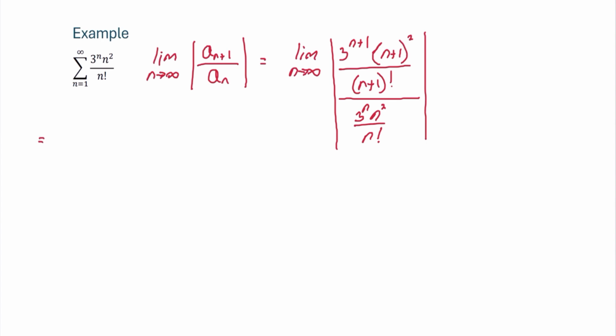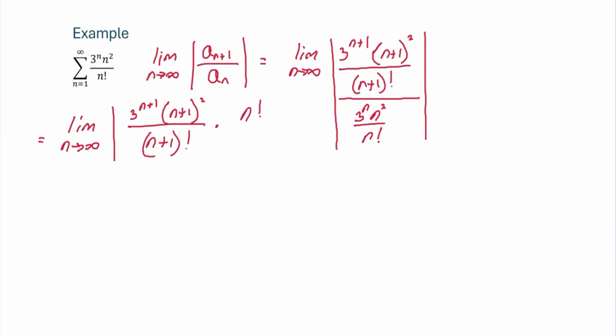From here, we can rewrite it. Limit. We'll copy the top fraction, 3 to the n plus 1 times n plus 1 squared divided by n plus 1 factorial, and multiply by the reciprocal of the denominator, n factorial divided by 3 to the n squared.